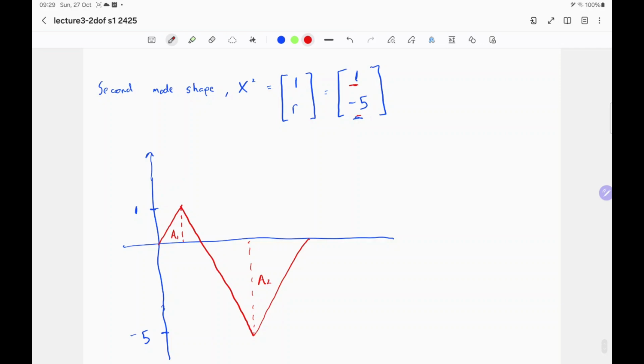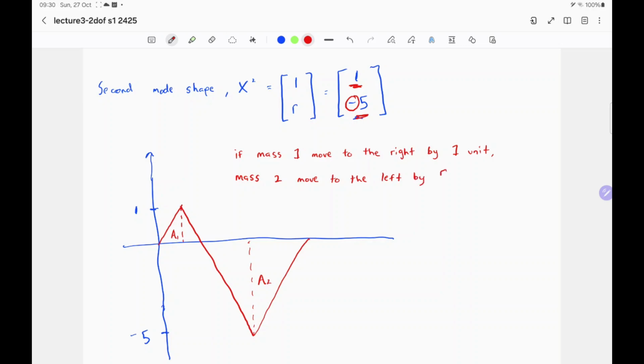We got 1 and -5, meaning that if mass 1 moves to the right by 1 unit, mass 2 moves in the opposite direction, which is left, by 5 units, because we got -5 here.